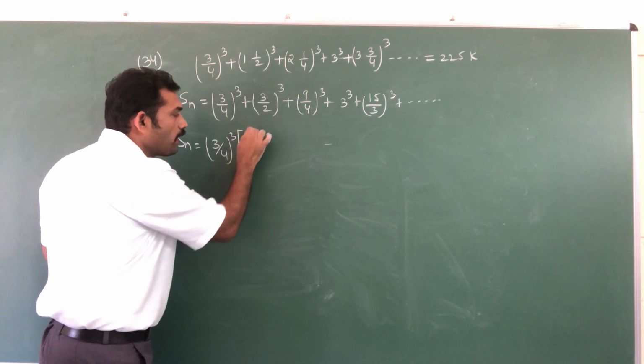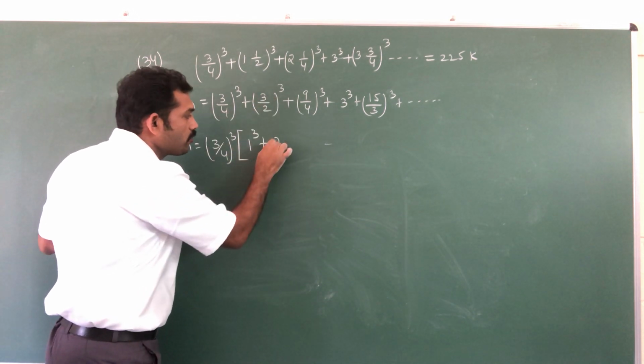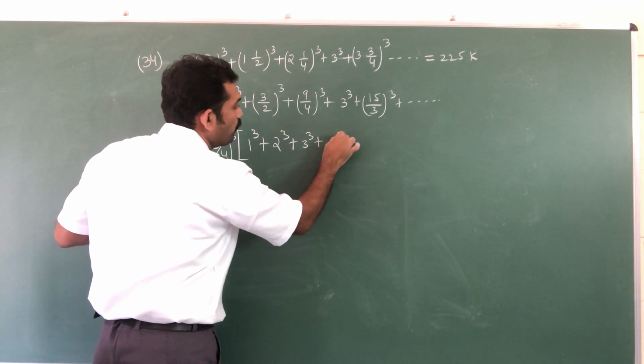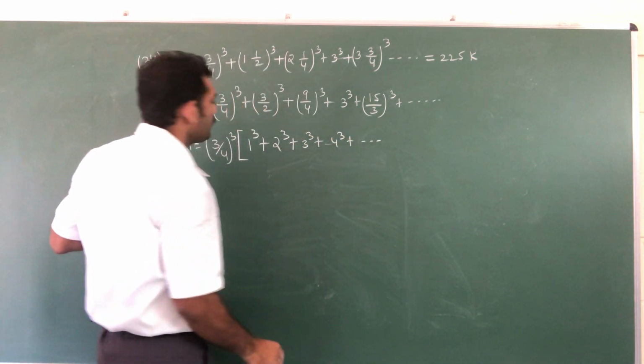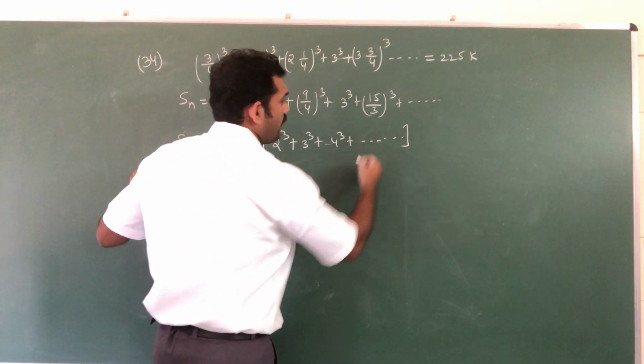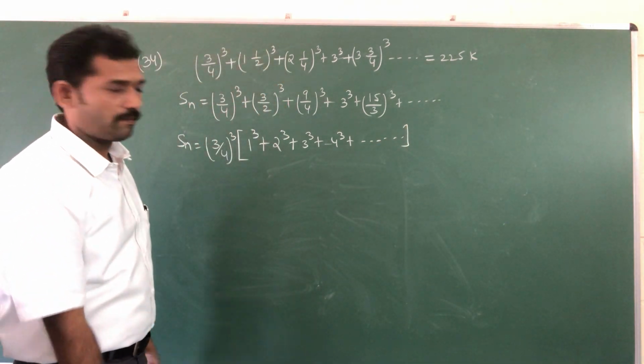Here remaining is 1 cube, here remaining 2 cube, here remaining 3 cube, here remaining 4 cube, and so on. They are asking only for 15 terms.